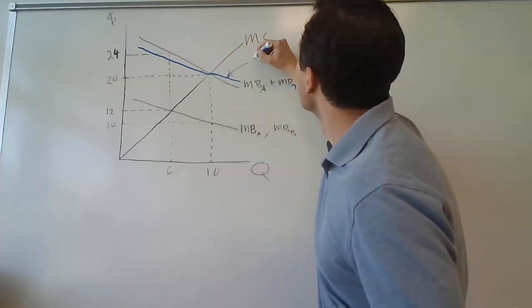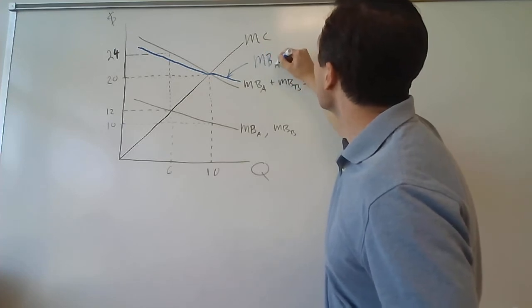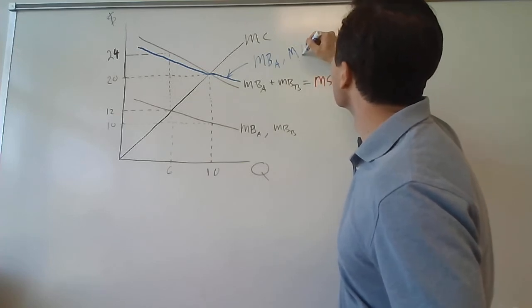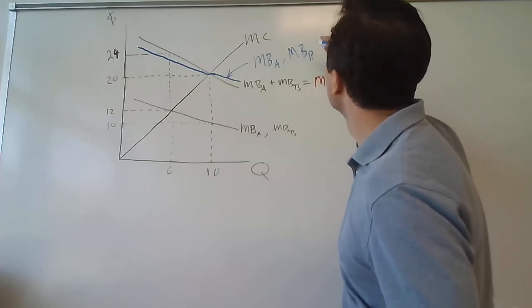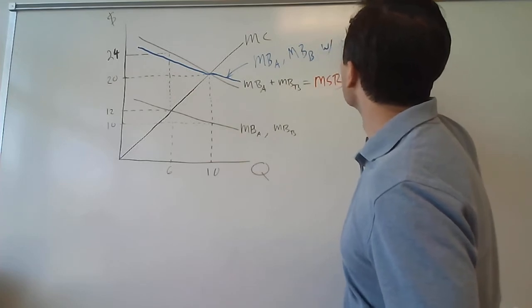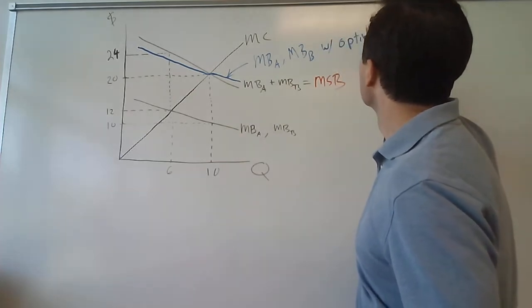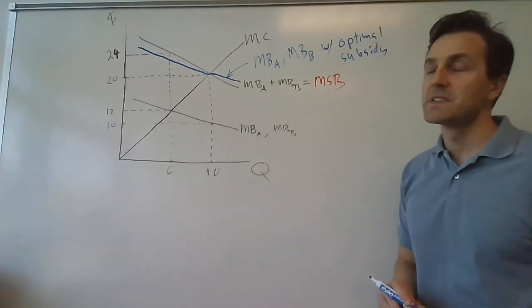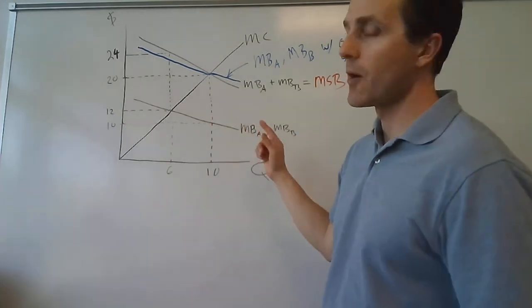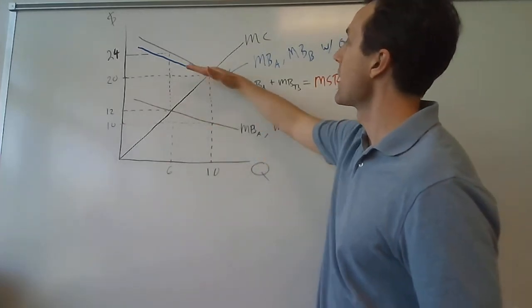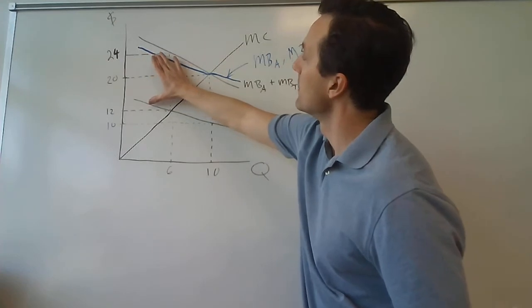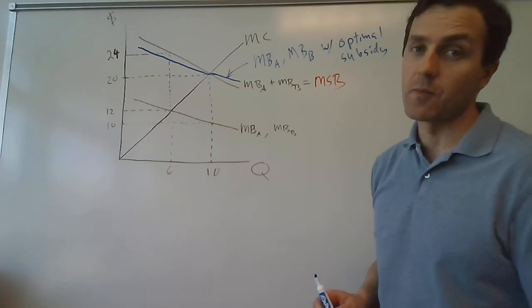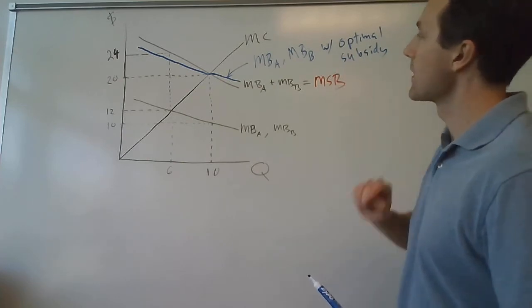So this is marginal benefit A or marginal benefit B with optimal subsidy. Each of their personal marginal benefit curves would rise by 10. So it would be a parallel line up here, which represents either of their personal marginal benefits with the optimal subsidy.